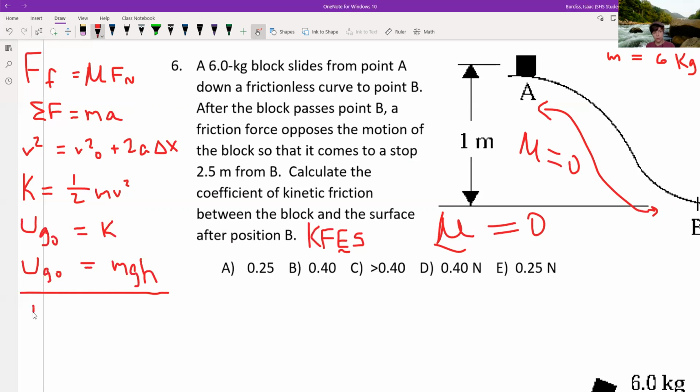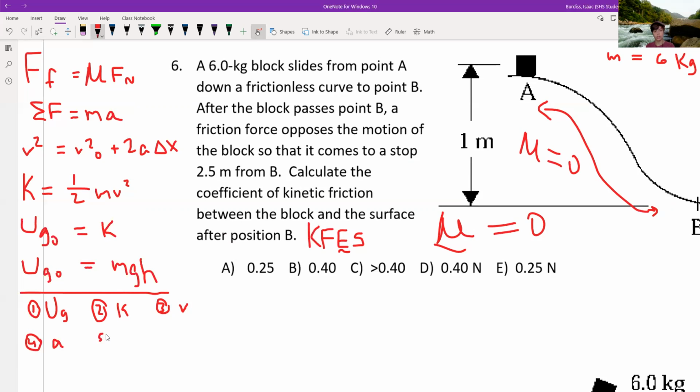So sometimes before you solve, you might want to think about what steps you're going to do, because this is a lot of steps. First, we need to find the potential energy. Then we need to find the kinetic energy. Once we know that, then we can find the velocity. When we know the velocity, then we can find acceleration.